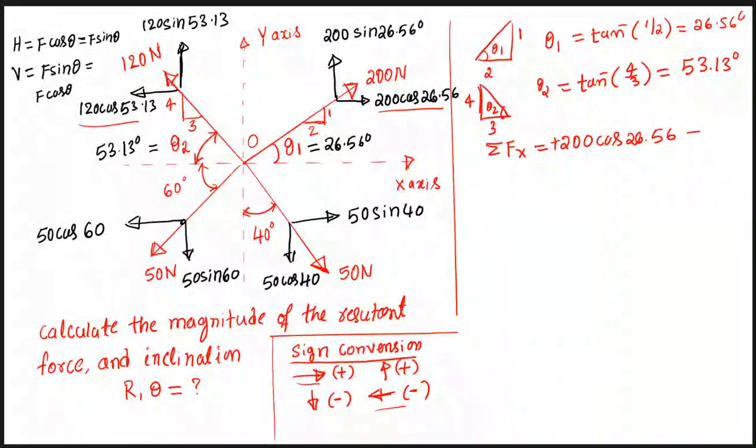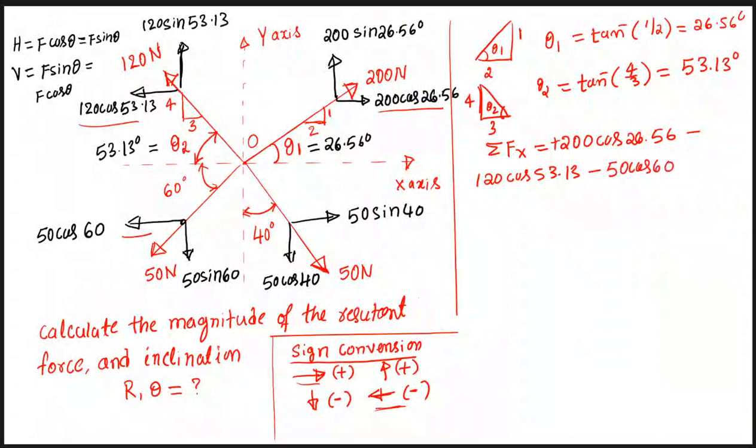So minus 120 cos 53.13. Next, this force is also acting in the opposite direction, therefore it is minus 50 cos 60.